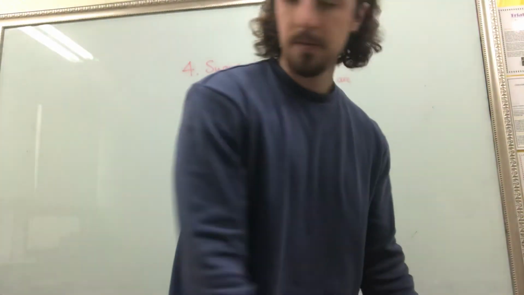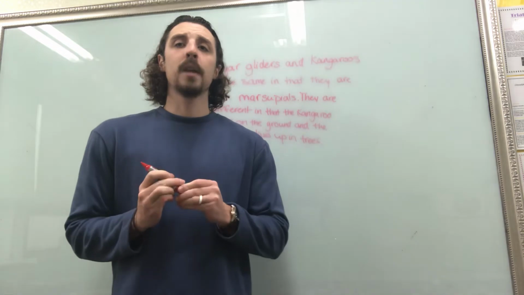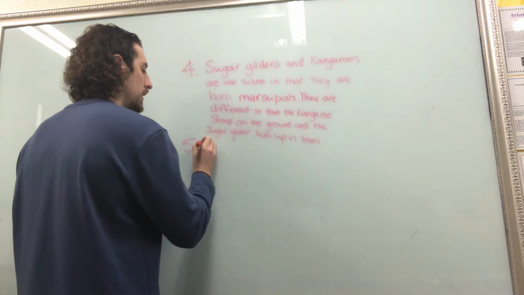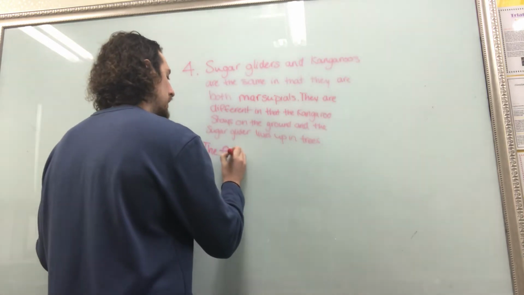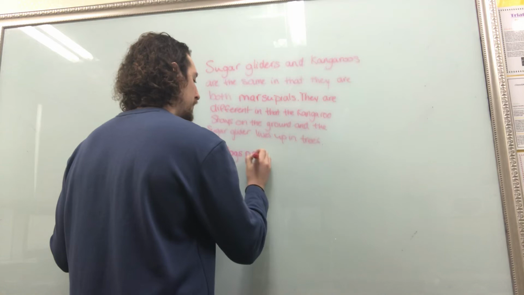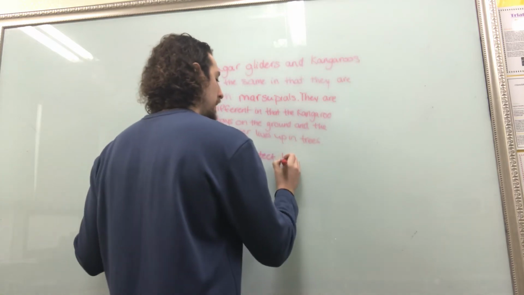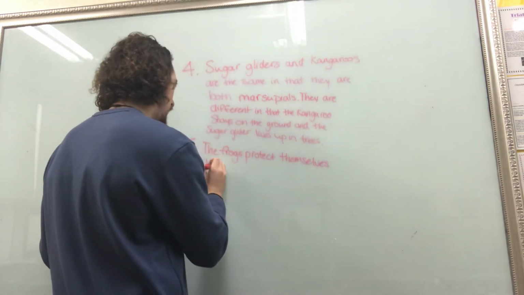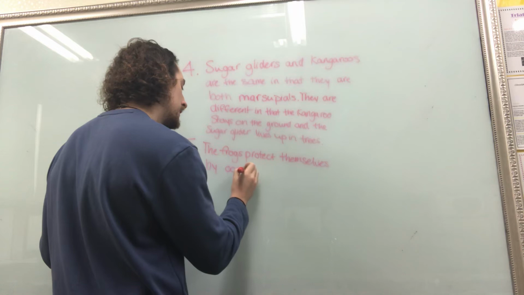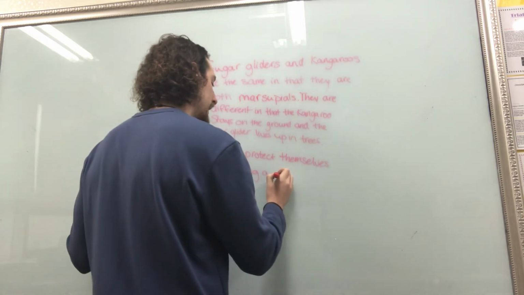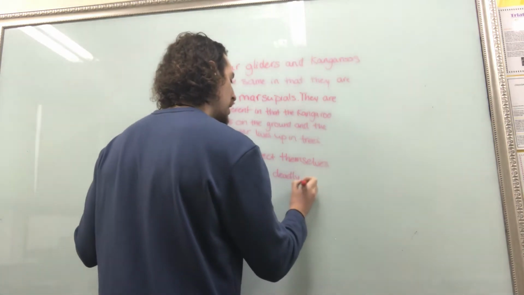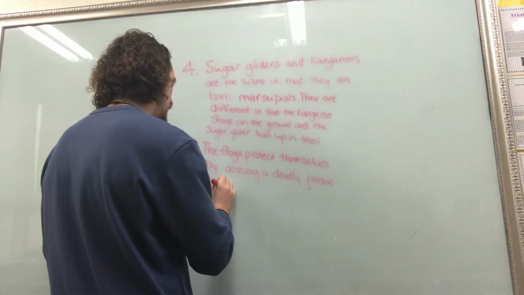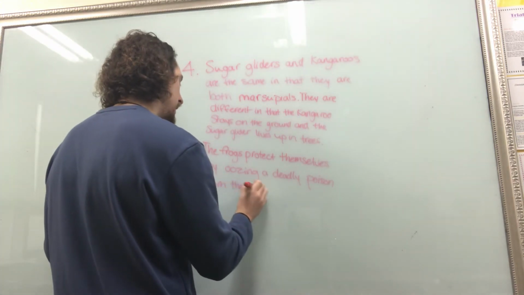Okay, so number 5, how do rainforest frogs protect themselves? The frogs protect themselves by oozing a deadly poison from their skin.